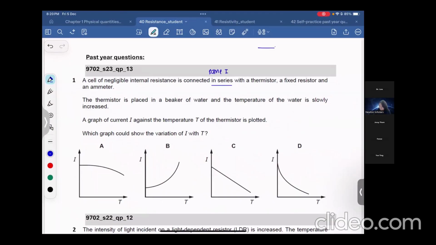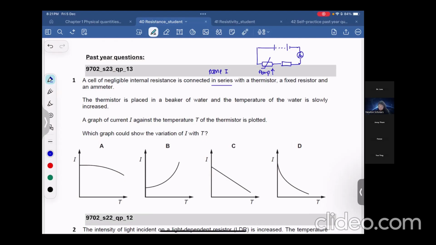So let's say we have a power supply, then the thermistor, then a fixed resistor, then an ammeter, something like this. The thermistor is placed in a beaker of water and the temperature increases.